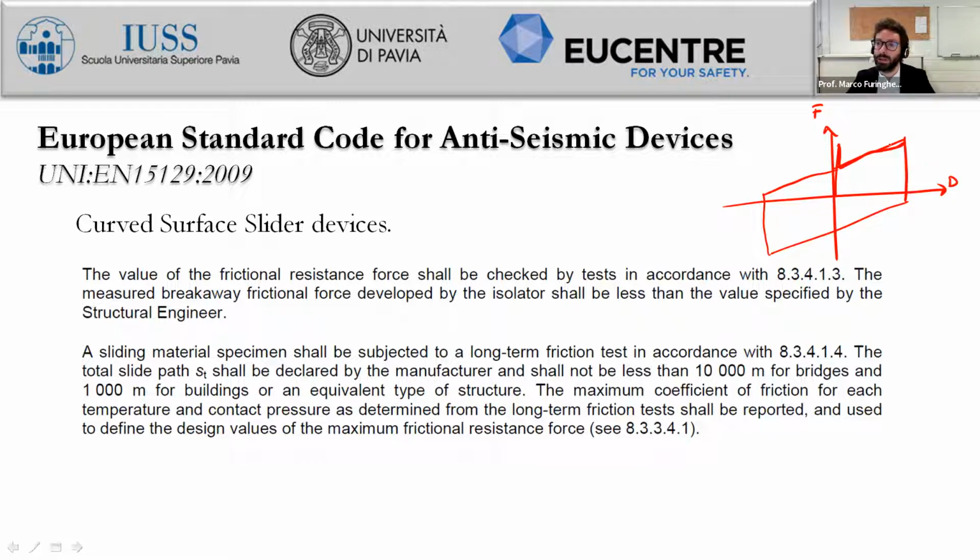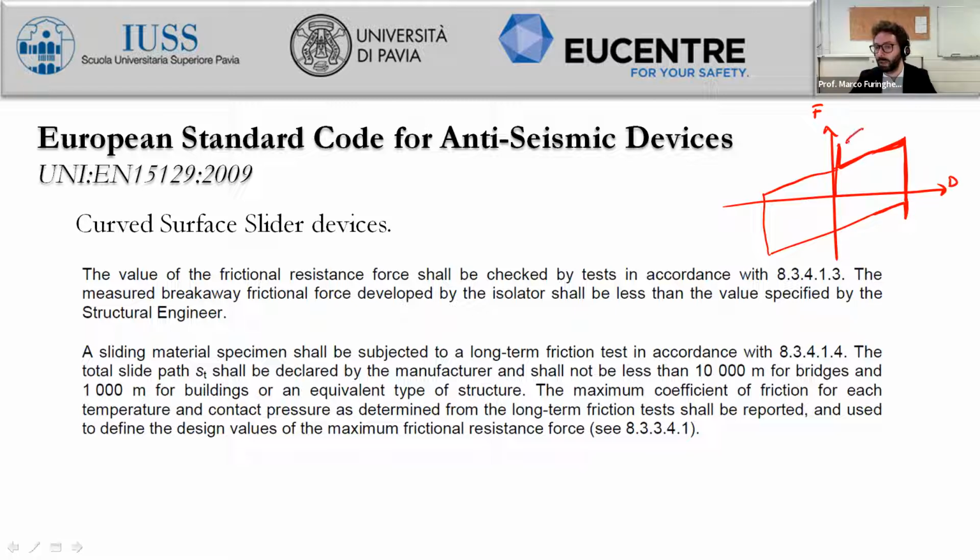The stick slip is something which occurs when we actually change direction. So we get here by increasing displacement, then we go backward. We have this unloading branch, and then we can have an increasing value of friction again.